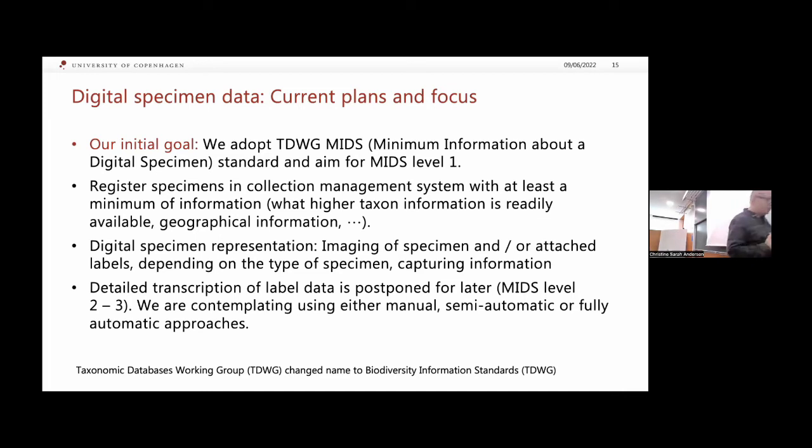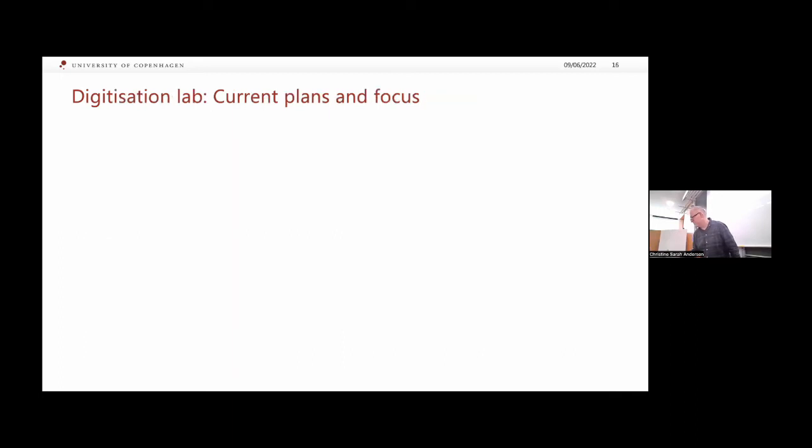And then we are postponing the actual problem of, let's say, transcribing. So this is what would be in MIDS level 2. Level 3 is where you try to really extend information about this specimen beyond what is on the label. Okay, but we're not saying we will not do this ever. But right now, MIDS level 1 is the minimum requirement.